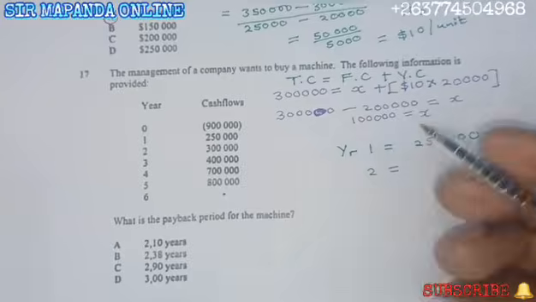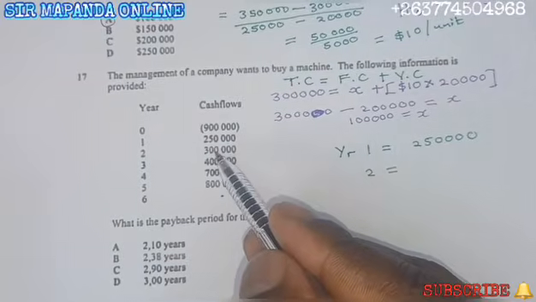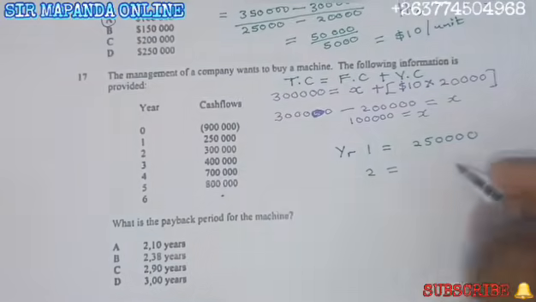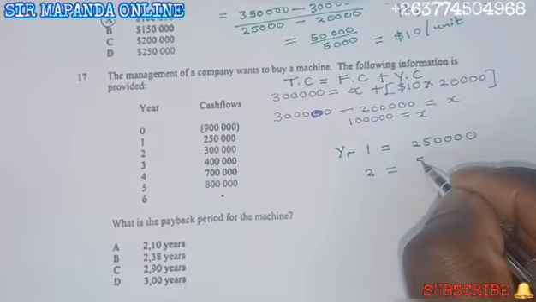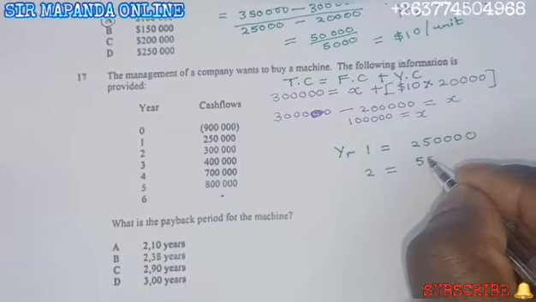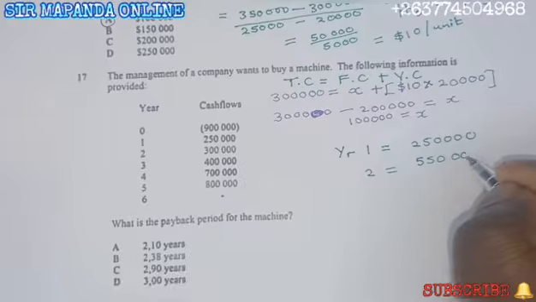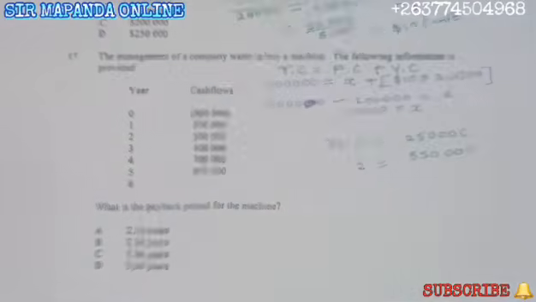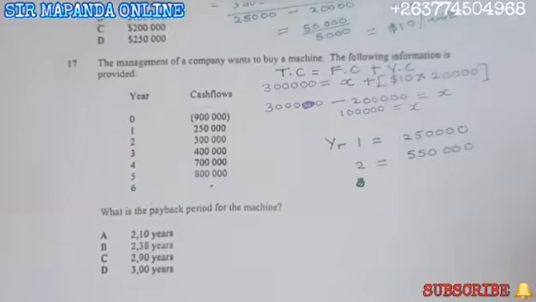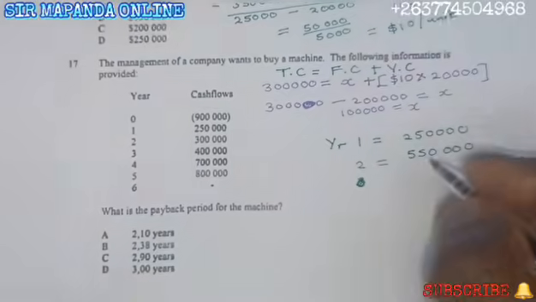Then at the end of year 2, you add 250,000 plus 300,000 of year 2, and you accumulate 550. So at the end of year 2, we'll be having 550 of the 900. We need 350 for 550 to become 900.